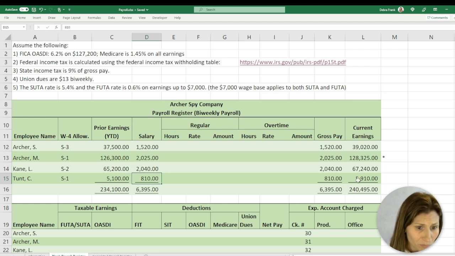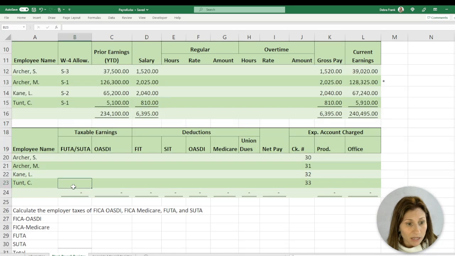So maybe next period or the period after we'll have to worry about checking that. But right now that full 810 is going to be taxed for the FUTA and SUTA. So we're going to go ahead and put that in. The other ones don't go here because they're past the 7,000. So they won't have a FUTA and SUTA tax, but we will need to calculate it for Tunt.